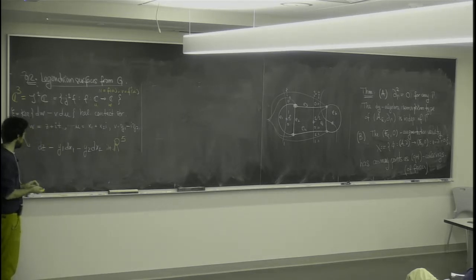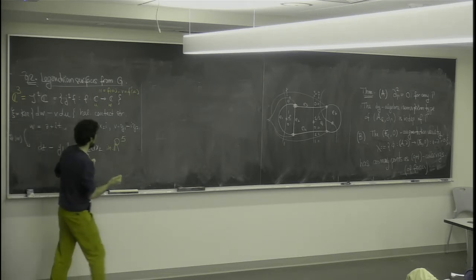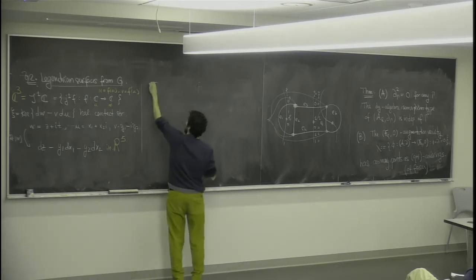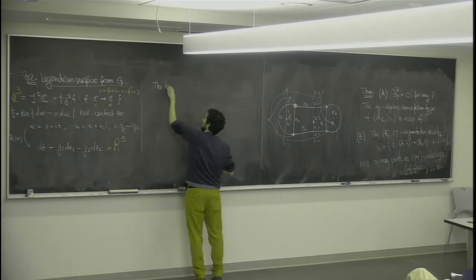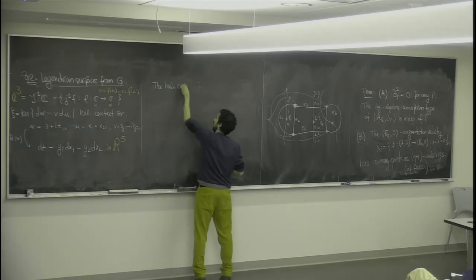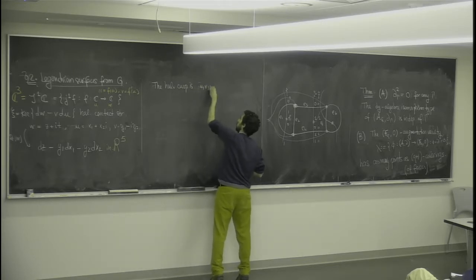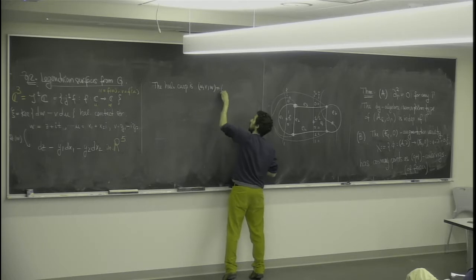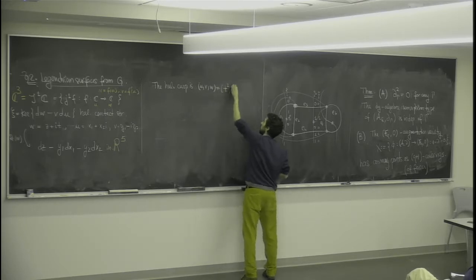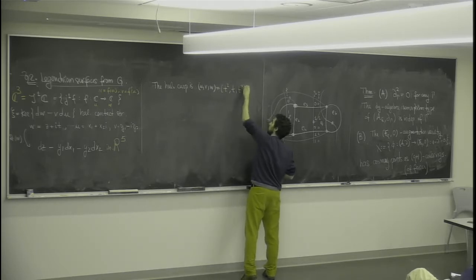So now I'm going to draw the simplest possible holomorphic Legendrian which I can think of, which is not smooth. So the holomorphic cusp is the equation given by (u, v, w) equals (t squared, t cubed).